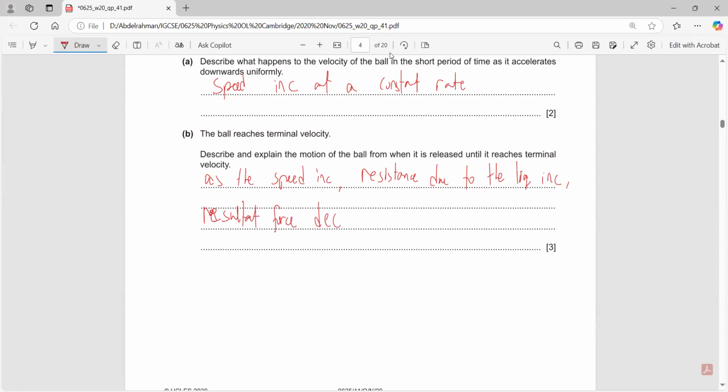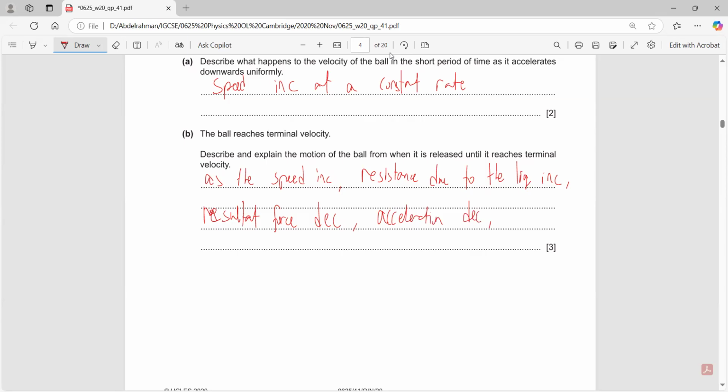Why? Because as the resistive force increases, while the downward force, which is the weight, is constant, the resultant force decreases, thus resulting in a decrease in the acceleration.